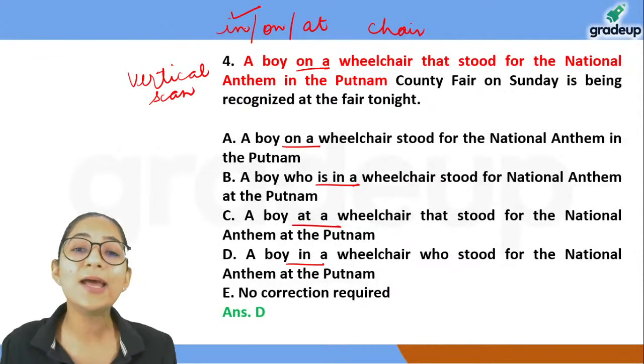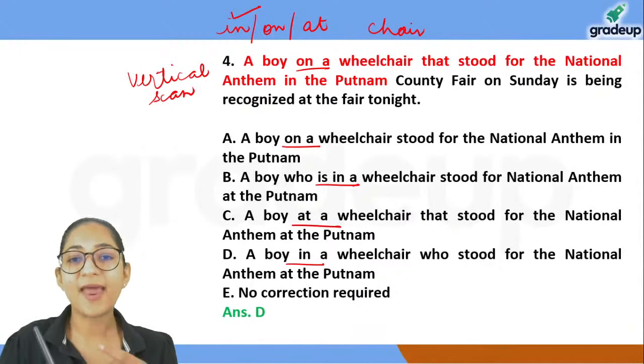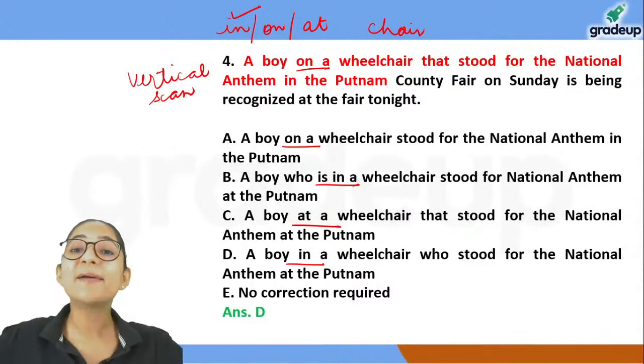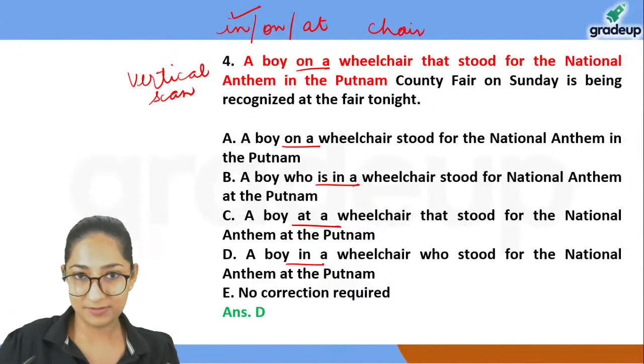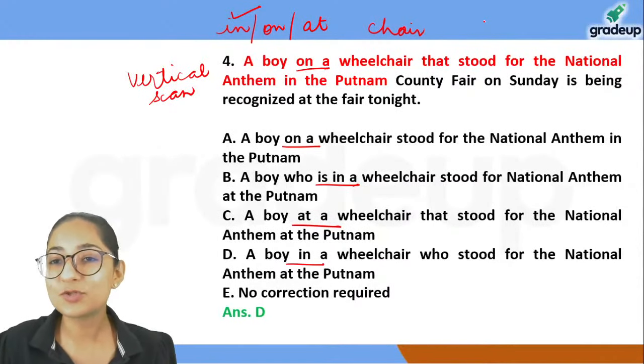You sit in a chair. Why is that? Because you use in when something surrounds you. Something is all around you. Something encompasses you. You use in. I am standing in a park, because the park is all around you. Similarly, when it comes to a chair, we have spoken about that earlier also, guys. This is your chair.